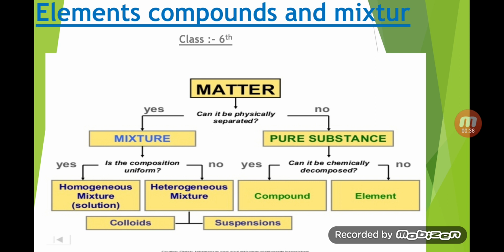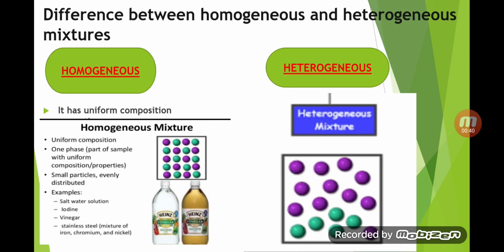So what is a homogeneous mixture? Let's see. Suppose we are mixing two substances. After dissolving, you will not be able to find out where is the solute and where is the solvent. In the last lecture we discussed solute and solvent, and that solute combined with solvent produces a solution.